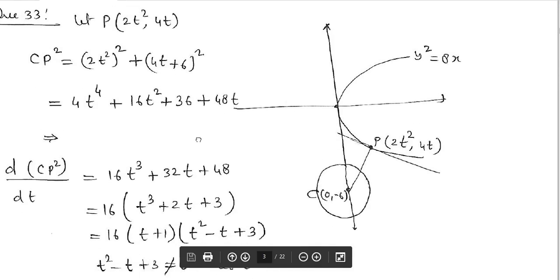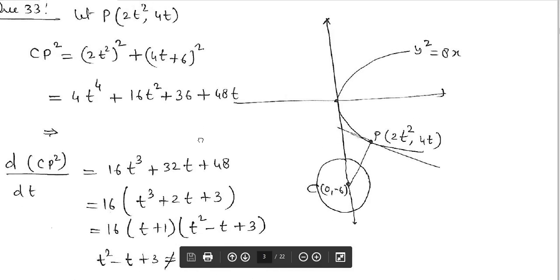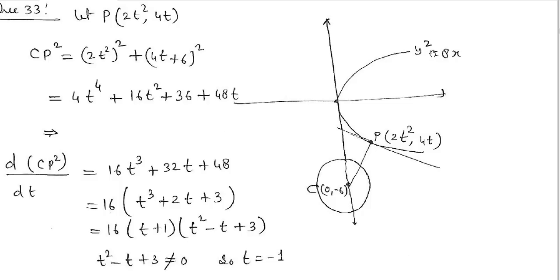In question number 33, what I have done is taken a general point P, that is 2t square comma 4t, on this parabola.